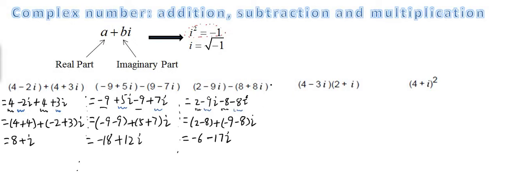Now let's try the fourth one. We have two complex numbers multiplied together, so that means we're gonna use the distribution. 4 times 2, 4 times i, negative 3i times 2, negative 3i times i.